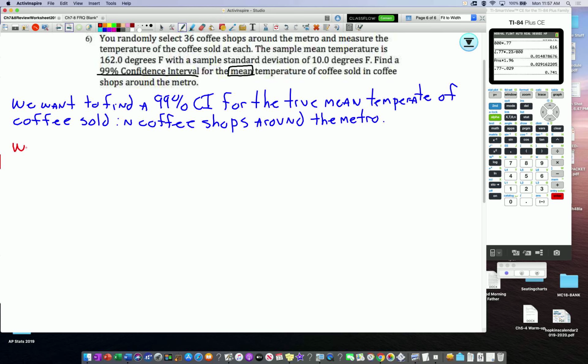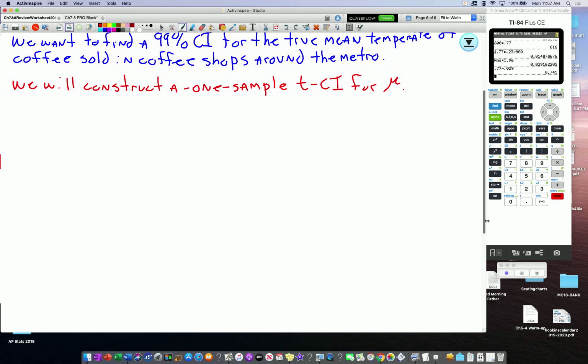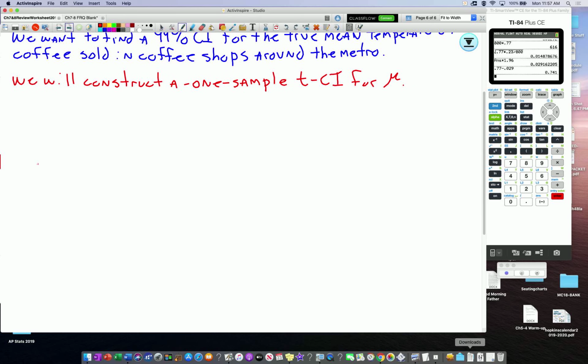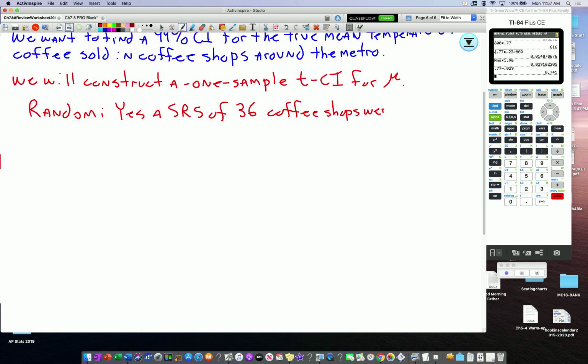So we will construct a one-sample t confidence interval for a mean. So, is it random? Yes. A simple random sample of 36 coffee shops was taken.